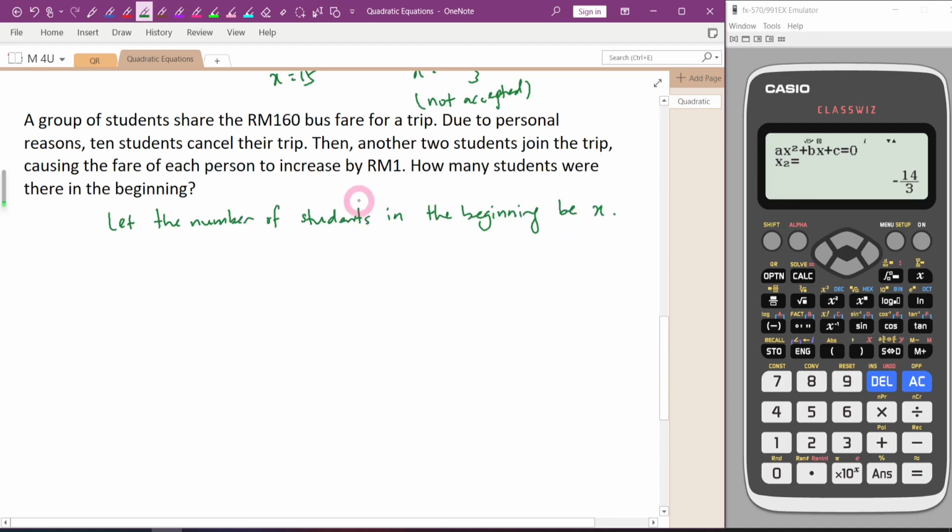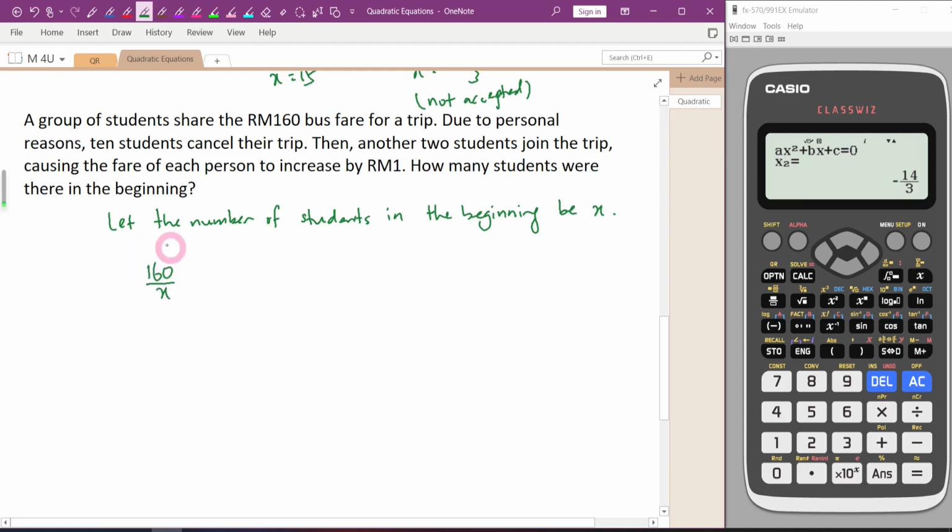Try to think, let's say we have x students. How do we calculate the bus fare that needs to be paid by each person? We take 160 divided by x, right? If there are 2 persons, 160 divided by 2. If there are 10 persons, 160 divided by 10, right? So now we have x students, 160 ringgit divided by x.